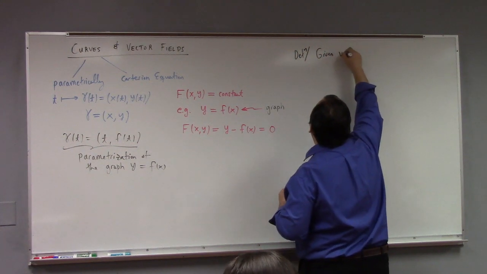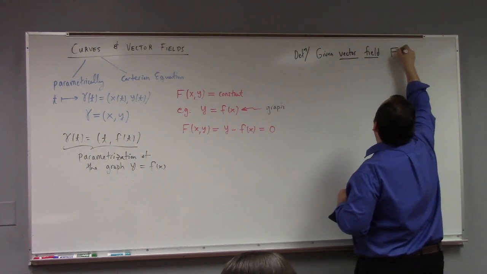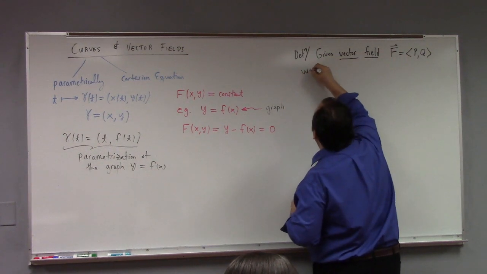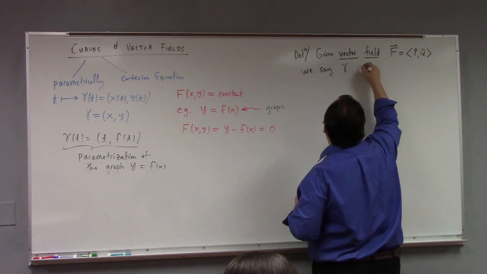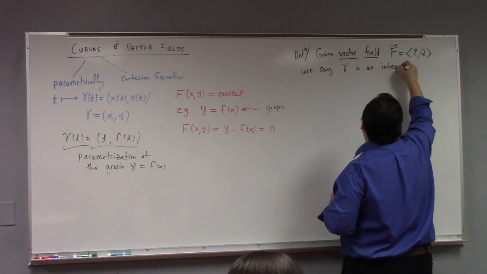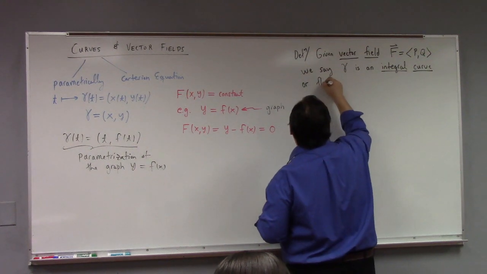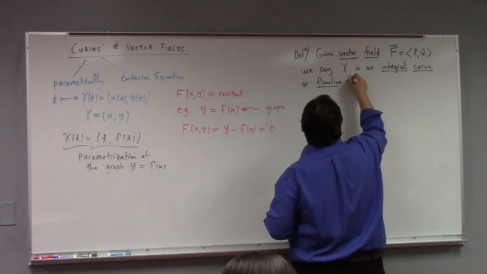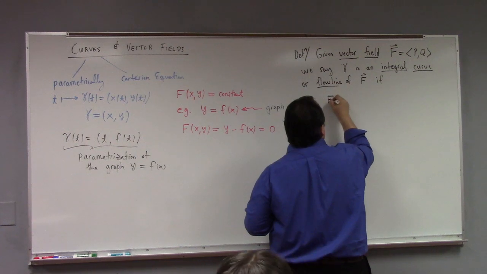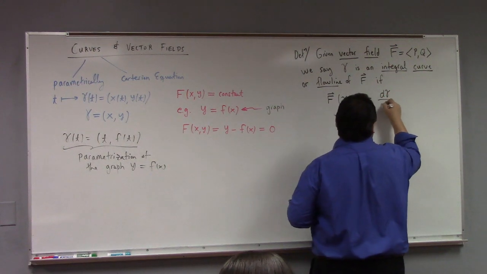Given a vector field, let's say big F equal to P comma Q, we say gamma is an integral curve, or if you like, flow line of F if, here's how it goes, F of gamma of t is equal to d gamma dt.